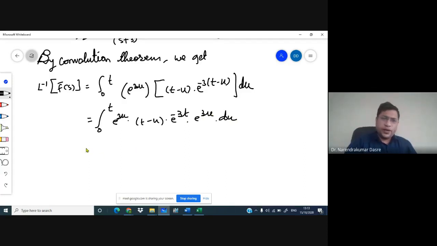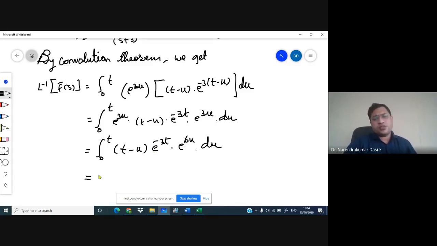Now we have the integral 0 to t of t minus u, e raised to minus 3t, e raised to 6u, du. Here e raised to minus 3t is constant, because we are integrating with respect to u, so t becomes constant, and hence e raised to minus 3t you can take out, leaving the integral 0 to t of t minus u, e raised to 6u, du.